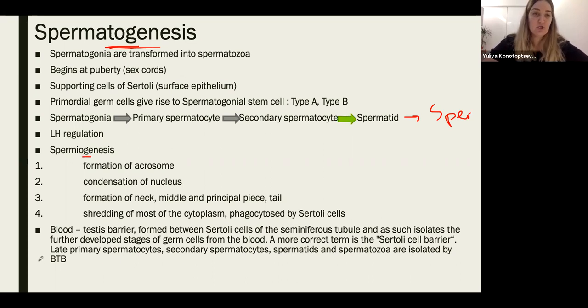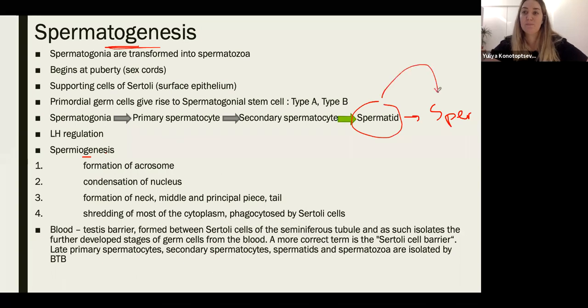Spermiogenesis is considered to be the last step of spermatogenesis. In other words, spermiogenesis is simply maturation of spermatid to become spermatozoa. We said that this cell does not divide, it simply matures. So this process is known as spermiogenesis.